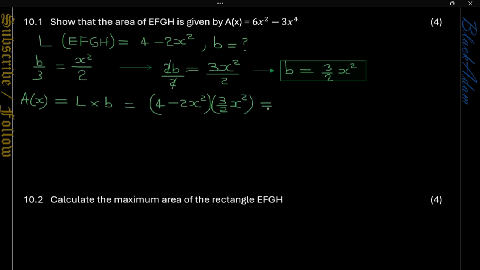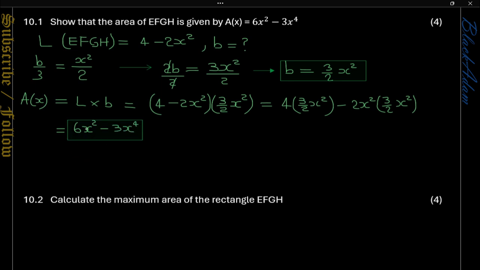We multiply 3 over 2 x squared with 4 minus 2x squared, and simplifying that gives us 6x squared minus 3x to the power 4. So that's our answer for the area in terms of x.